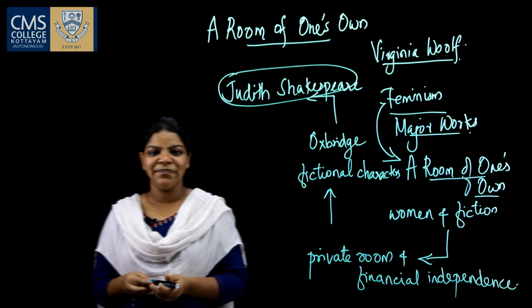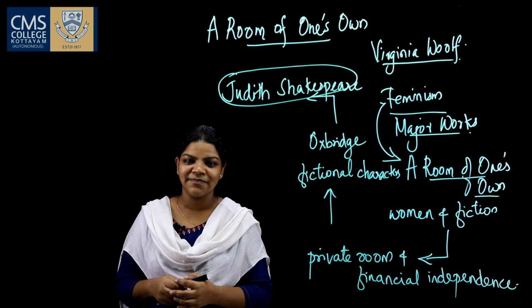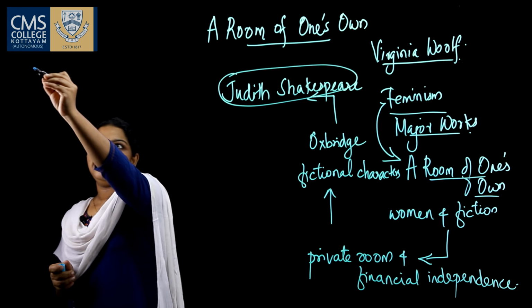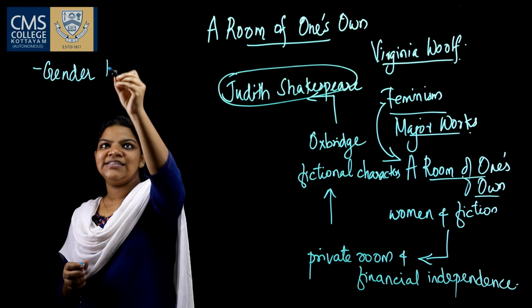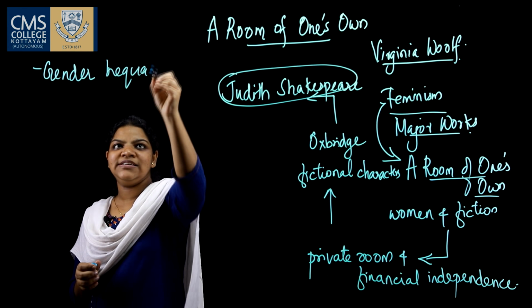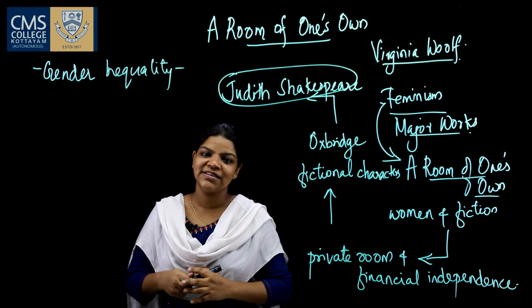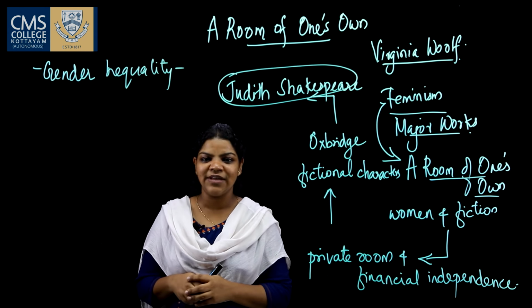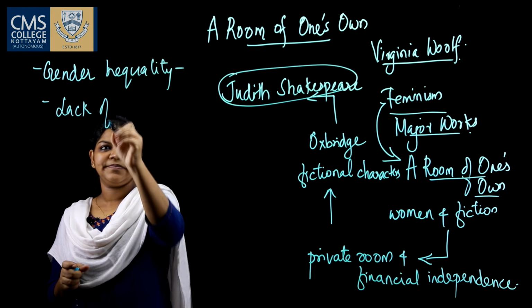Judith Shakespeare, according to Virginia Woolf, was an equally talented woman. She says that one of the factors that characterizes this is the gender inequality. While Shakespeare went wild in his dreams, Judith Shakespeare could not afford to do that. She was not given a primary education.